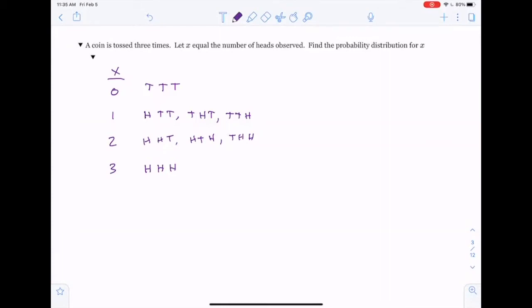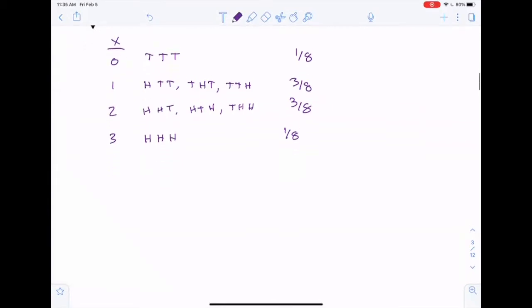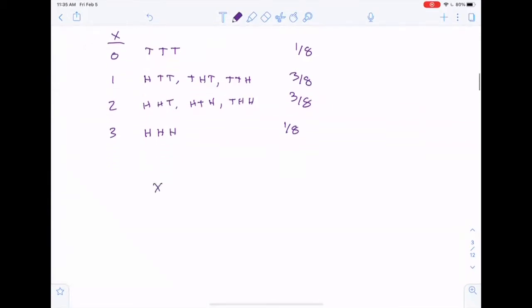So the probability of getting 0 heads is going to be 1/8 because there's 1 outcome out of the 8. The probability of seeing 1 heads will be 3 out of the 8, or 3/8. Likewise, 3/8 and 1/8. The way we can represent that a little bit more cohesively is, again, by a table.